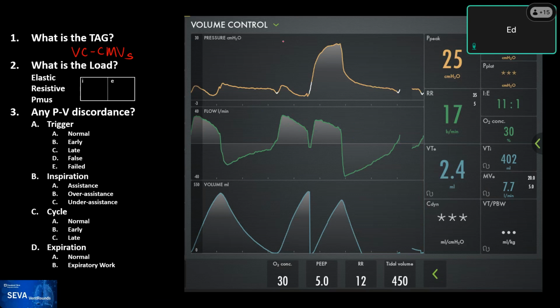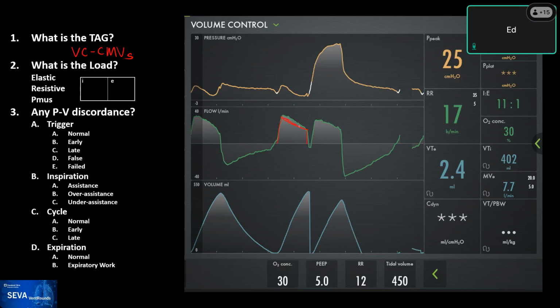Rob, comments? No, the reason why it's not straight lines is because there's an effect of the Pmus. The patient is essentially sucking gas from the compressed gas in the circuit, and so it's a little bit noisy. But without that noise, this would be a straight line.